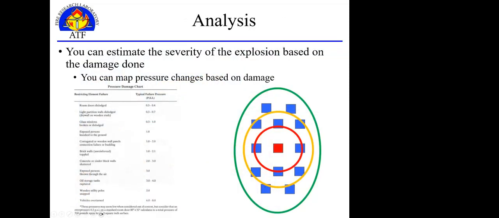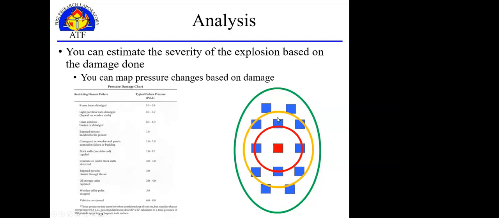From an analysis standpoint, one thing that has been done in the past is mapping the pressure changes based off of the evidence or the damage that you observed. An example of this would be, I was listening to a presentation about the West Texas fertilizer plant explosion, and the investigators were going around and mapping the damage surrounding that fertilizer plant. They said, all right, we found windows were broken, and I think they used like 1 PSI as that metric.